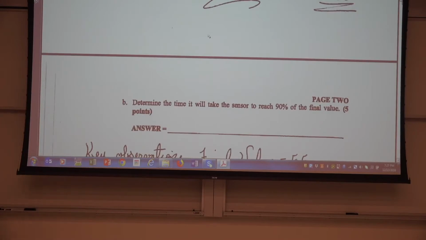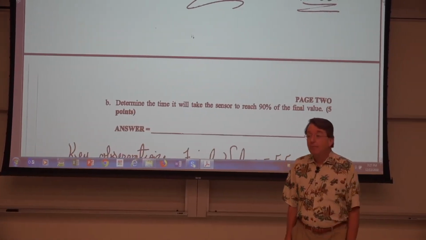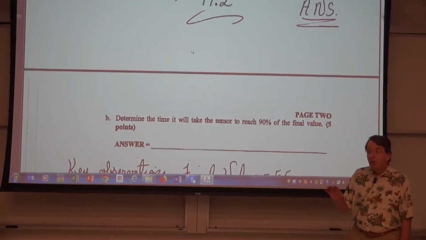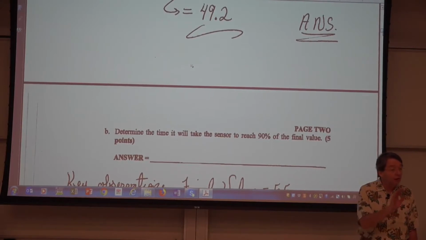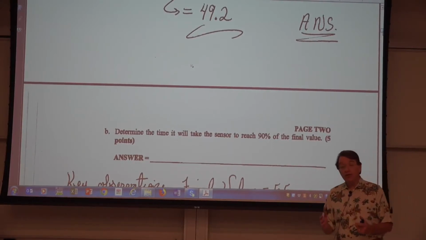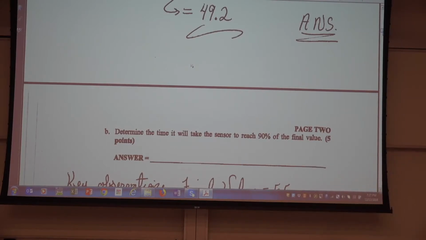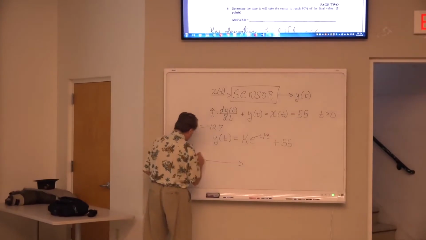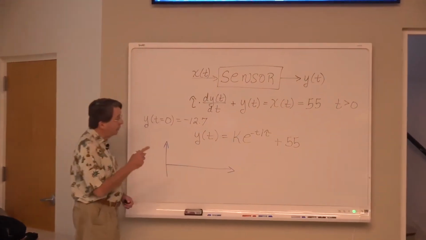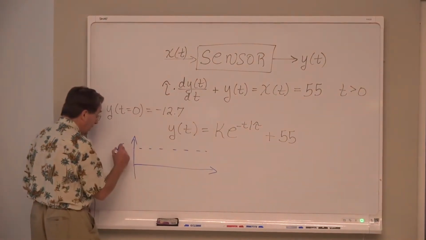Part B says, determine the time it will take the sensor to reach 90% of its final value. Now, if someone makes a mistake in part B, it's because they don't know the final value. This first order sensor is a rising exponential. I just want to go over here to the board to point that out. The input is 55, so I'm going to draw that here as a dotted line.